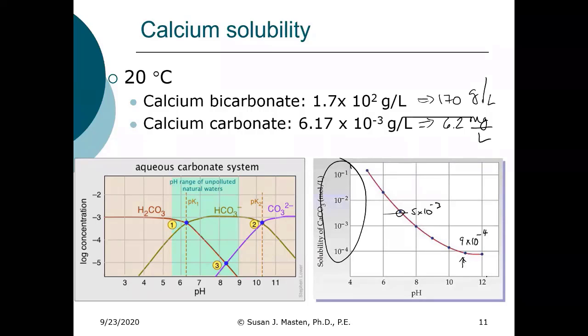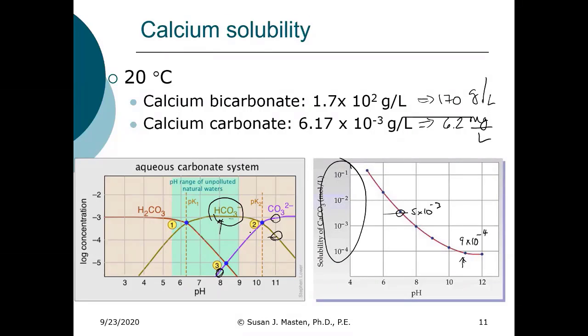The reason this is the case is, if you look at this plot here, if we're at a pH of 8, then bicarbonate predominates. If we raise the pH to 11, then the concentration of bicarbonate decreases and the concentration of carbonate increases. You can see at pH 8, the concentration of carbonate is on the order of 10 to the minus 6.